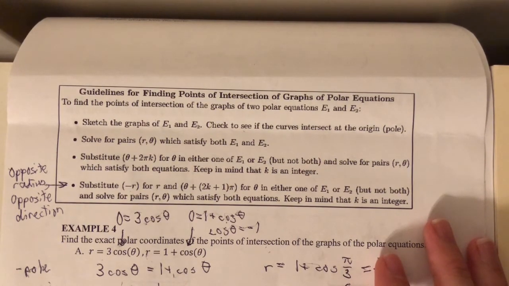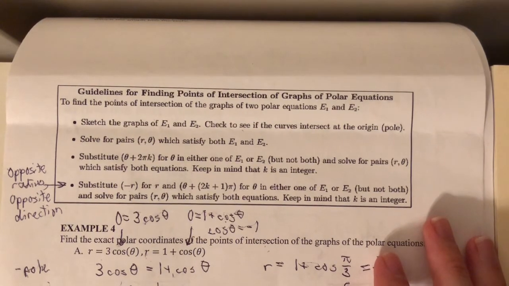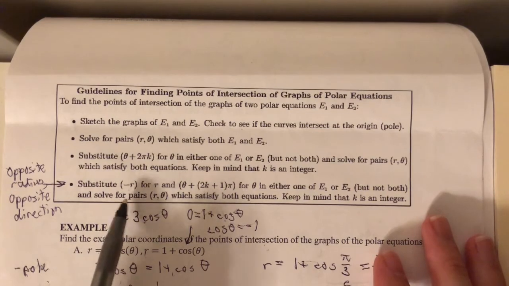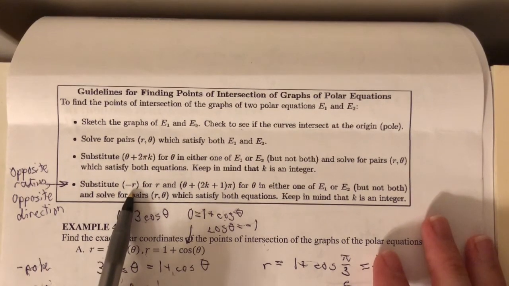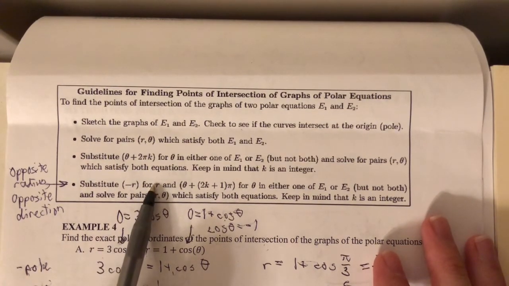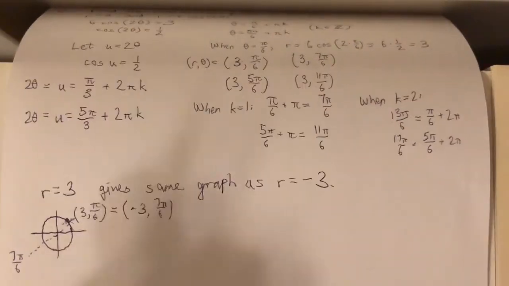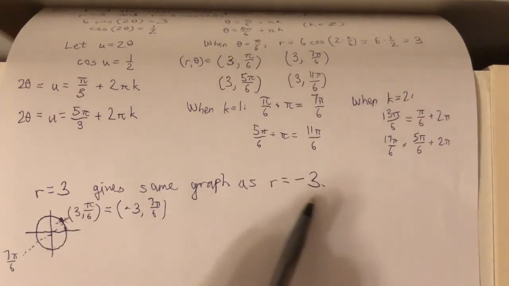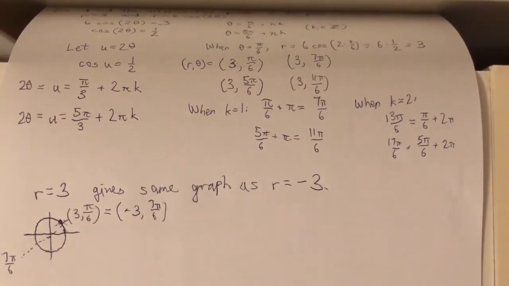So what this is going to boil down to for us is if I look at the equation of the circle, I can substitute negative r for r, and what I'll get from that is the equation negative r equals 3, or simply r equals negative 3.